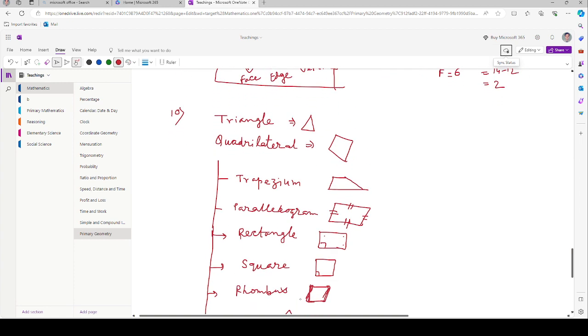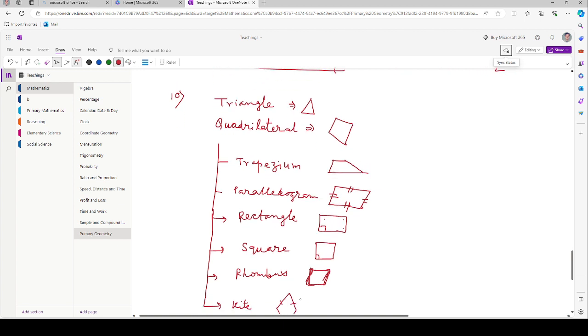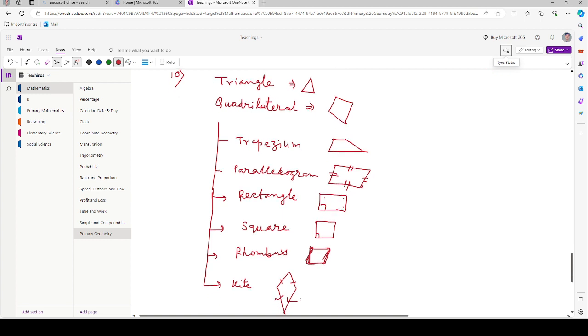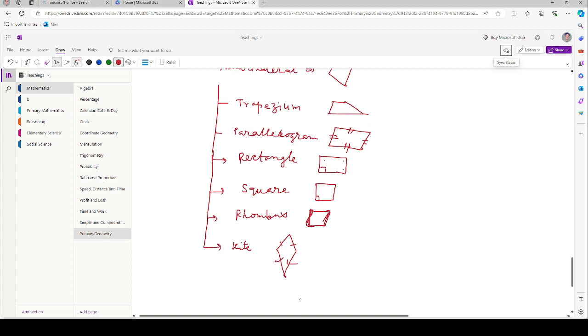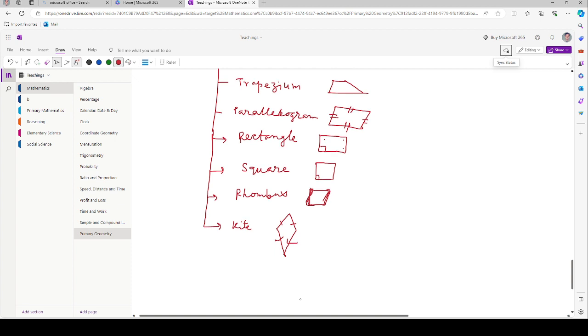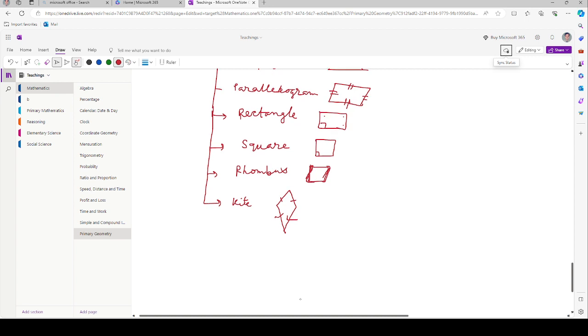So if we revise this part, then we will get triangle has three sides, quadrilateral has four sides. If a quadrilateral has two sides parallel, then this is known as trapezium. If opposite sides are parallel, then this is parallelogram. If one angle is a right angle of a parallelogram, then this is known as rectangle.